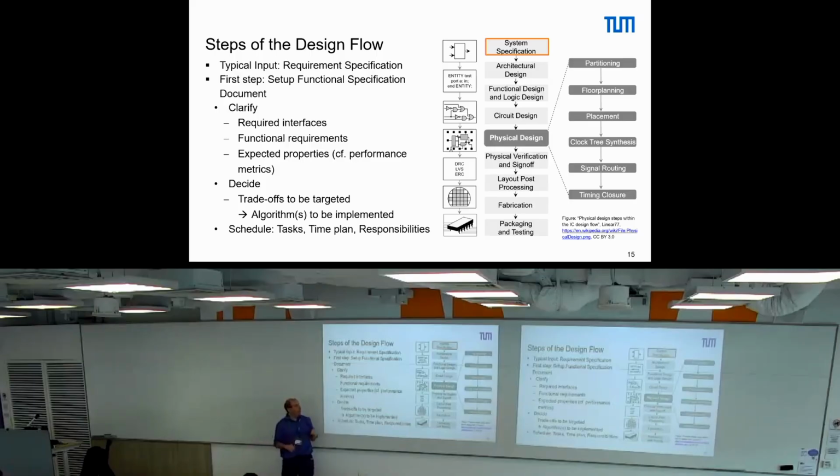Okay? If we now go further into this circuit design, what are we talking about here? Gate level and transistor level. So we translate, usually with some tools, what we have programmed into some form of a netlist, gate level netlist or transistor level netlist. If we talk about physical design, what is this about?